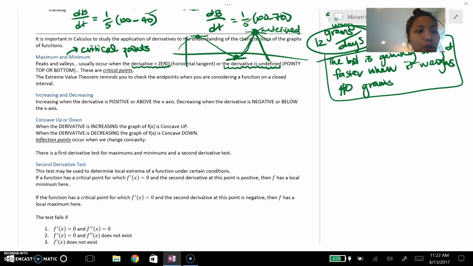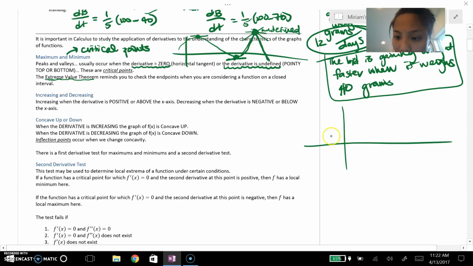All right, the extreme value theorem, we're going to review that later on. It reminds us to check the endpoints when you're considering a function in a closed interval. All that means, if I have a closed interval, let's say a graph that starts here and goes like this, you have to look for the max and min. You can see the local minimum is here.